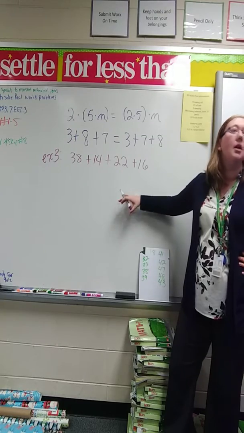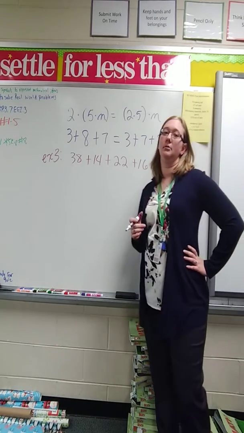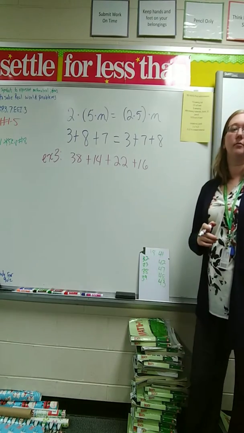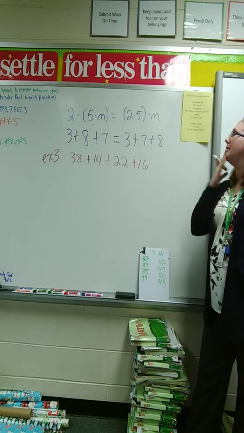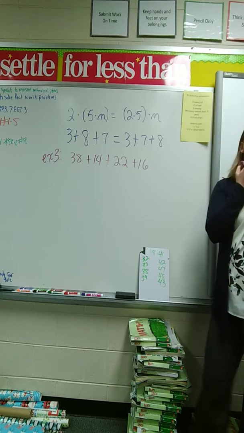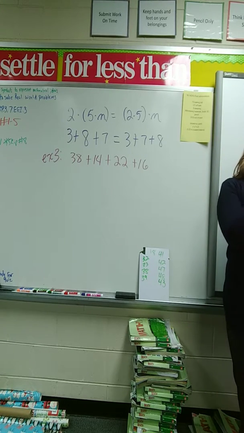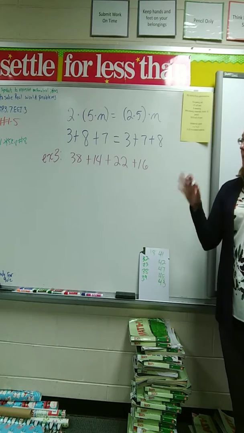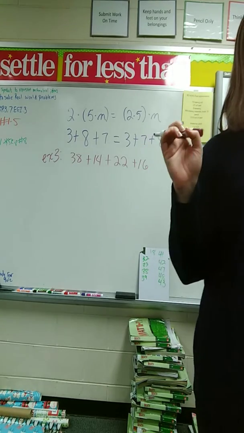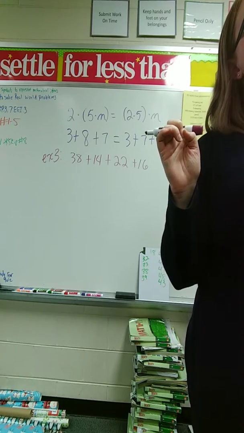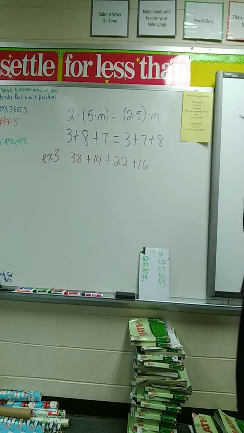Break it down. How so? You can do 30. No. Is there a property that I could use to make this easier to solve in my head? You can break it down to 11 or 22.